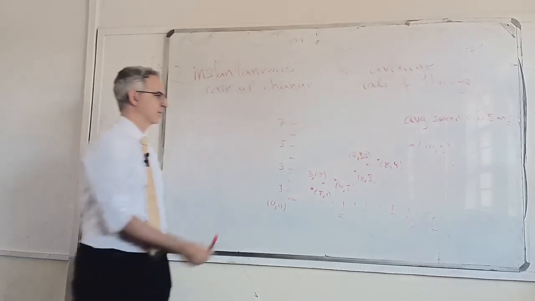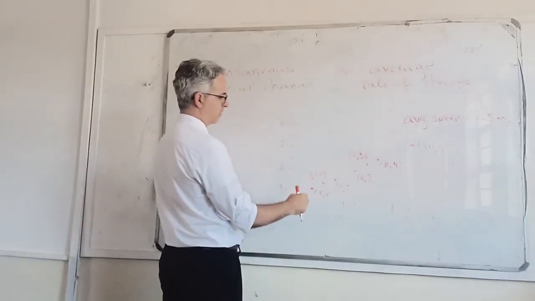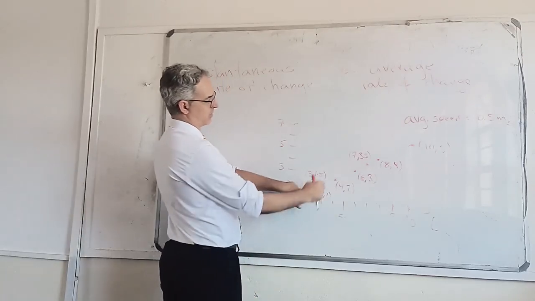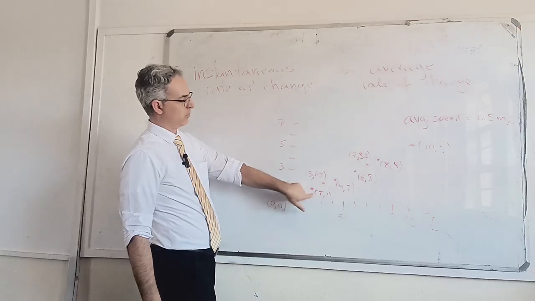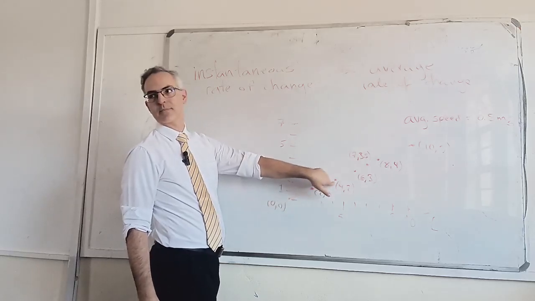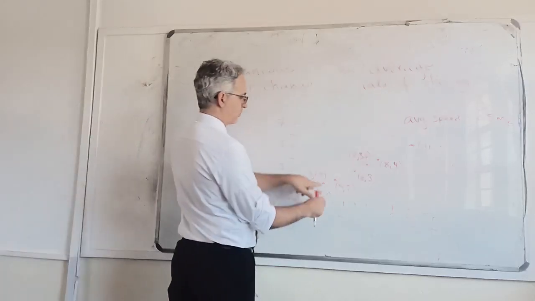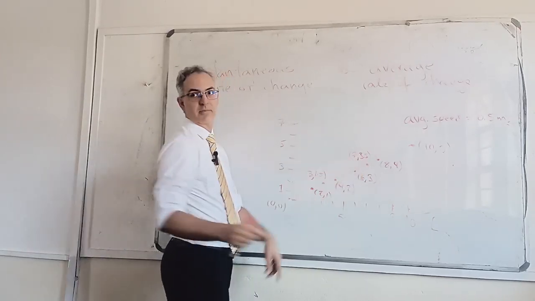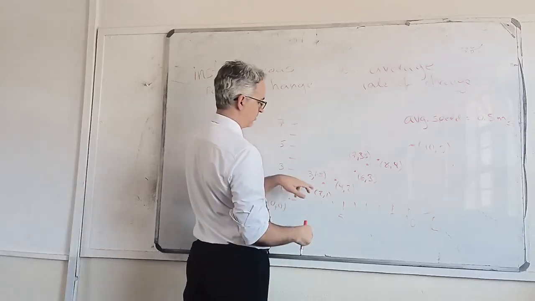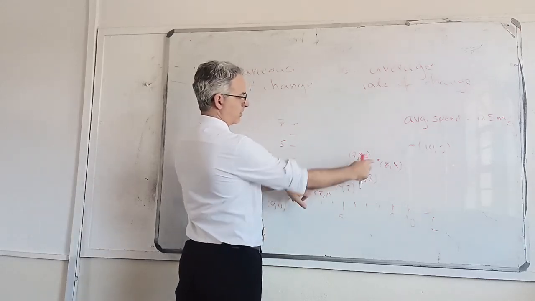So, Linda, you calculate the speed from this point to this point. From 2, 1 to 4, 2. You go 3, 1.5 to 7, 3.5. Ishmael, do 2, 1 to 8, 4.